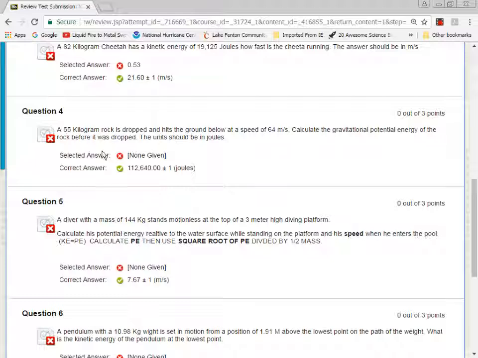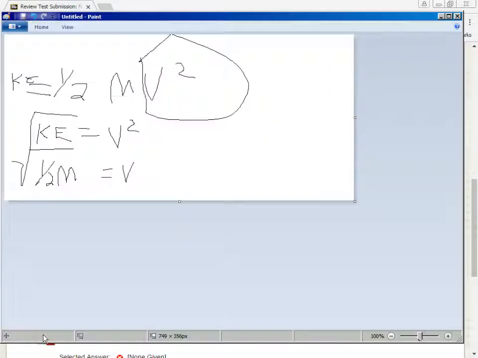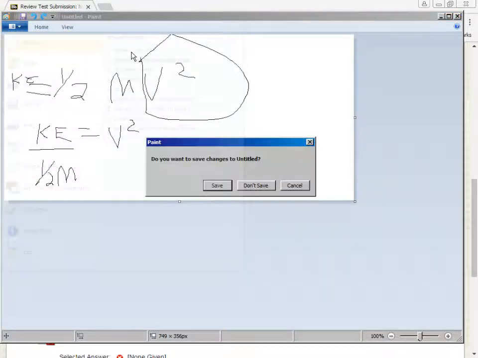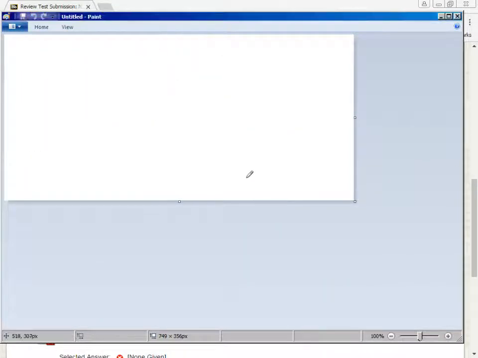And then here's one. A 55 kilogram rock is dropped and hits the ground at a speed of 64 meters per second. Calculate the gravitational potential energy before it was dropped. Now guys, on here, you have to understand that kinetic energy equals potential energy.